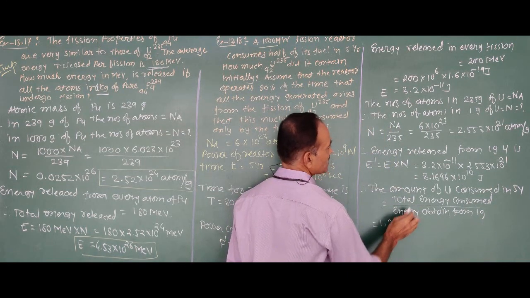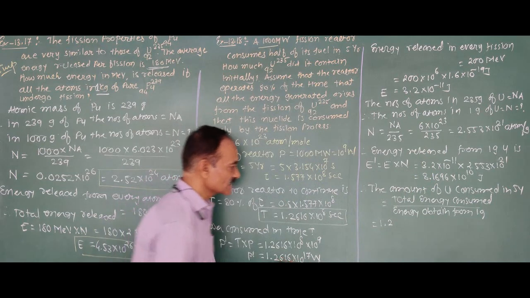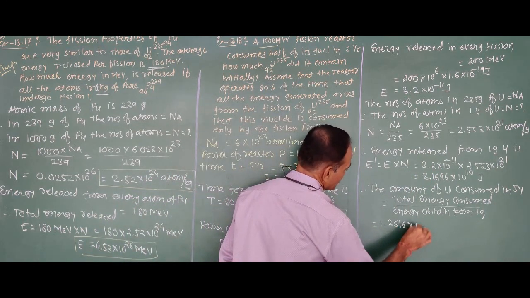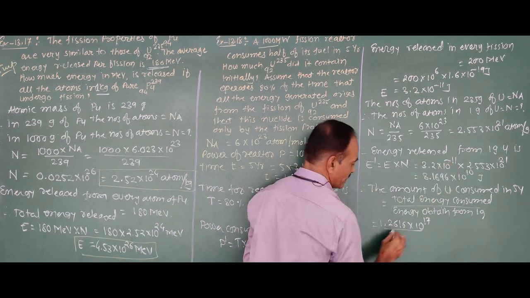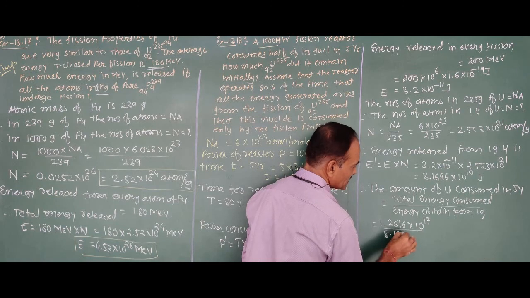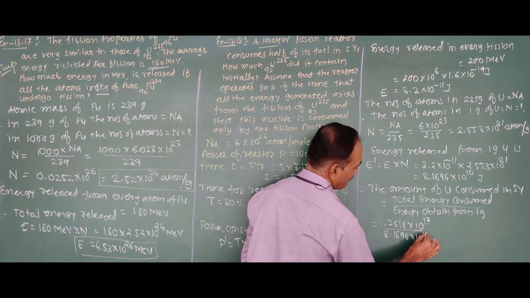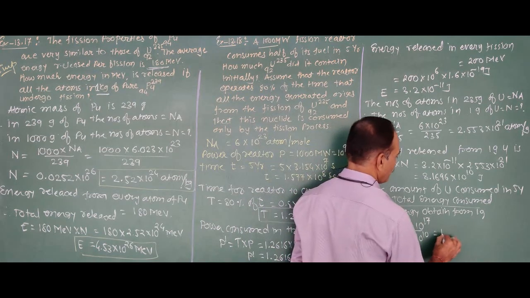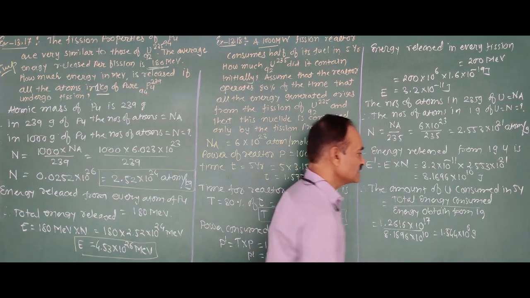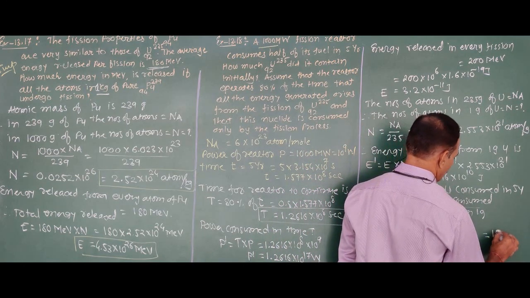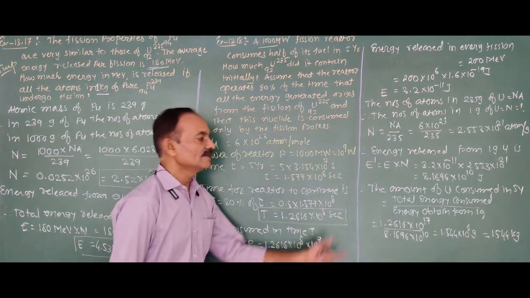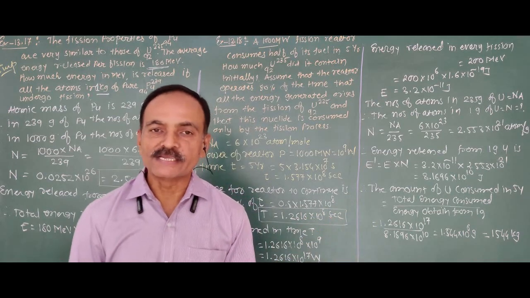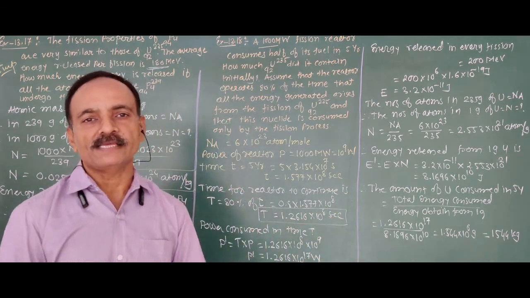Therefore, 1.2616 into 10 to the 17 divided by the energy from 1 gram, 8.1696 into 10 to the 10. So it gives 1.544 into 10 to the 6 gram. It means 1.544 thousand kilogram. So that is the mass, or the quantity, of uranium consumed in 5 years.